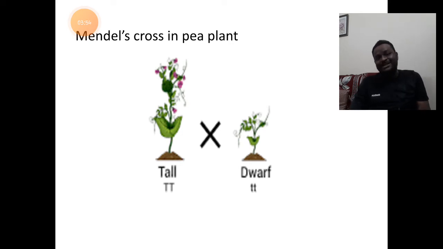So what happens here is that we need to find an alternative method where we can predict the trait condition in the past, present, and even in the future. So this is achieved through a study related to genetics called pedigree analysis.